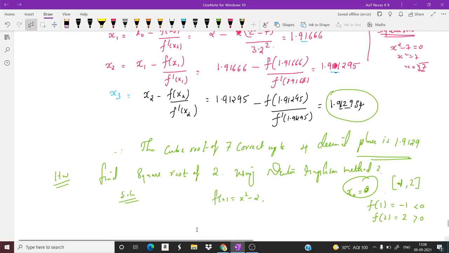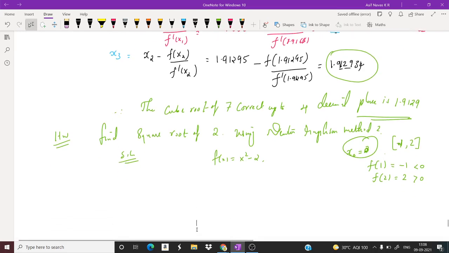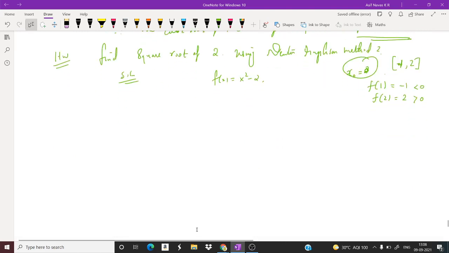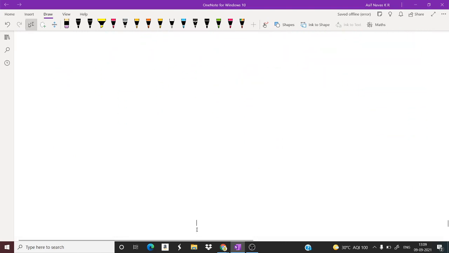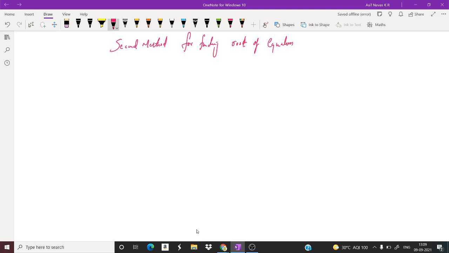Now we will move to the second method for finding root of equation.